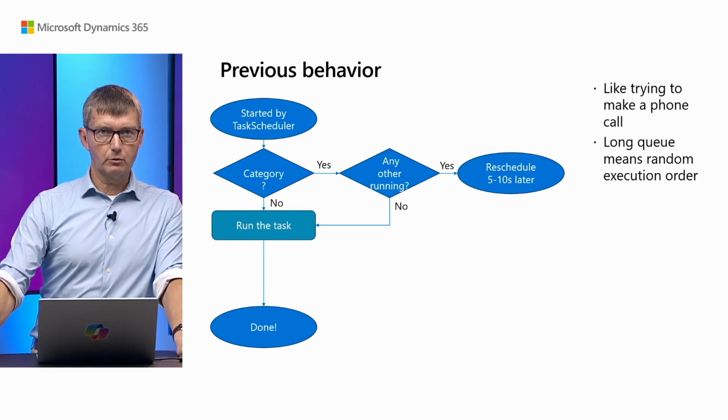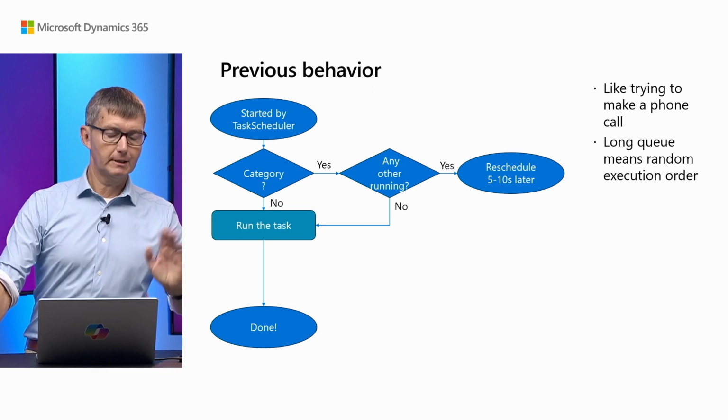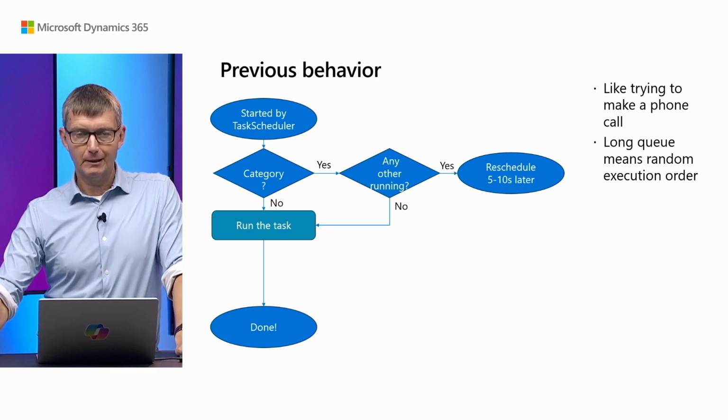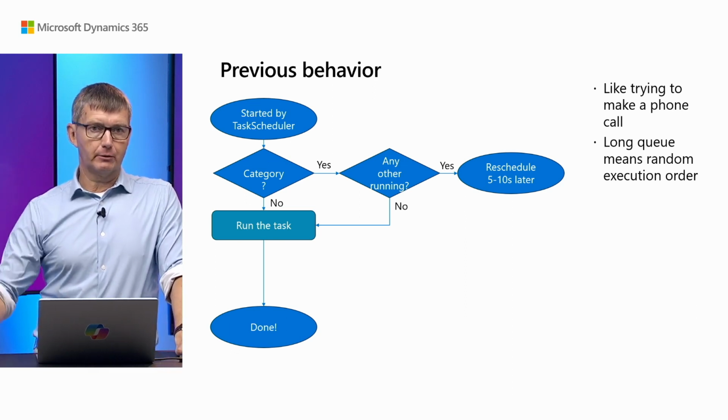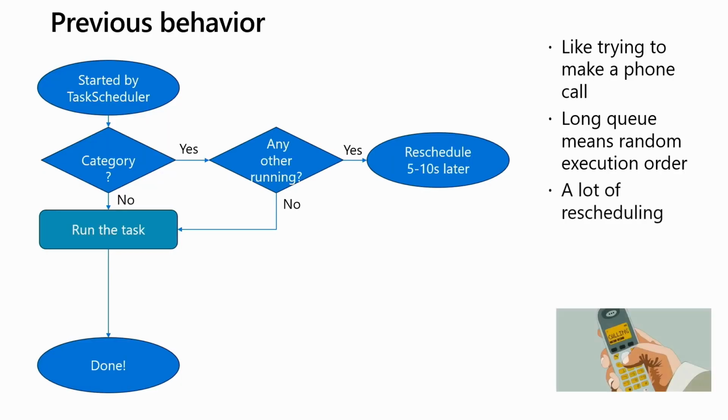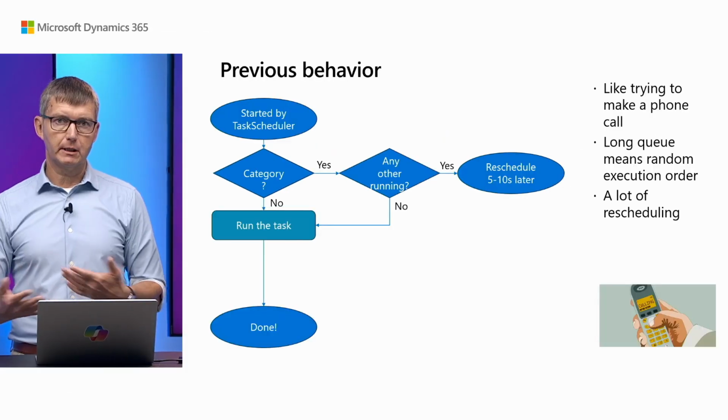Even if you were the first to call, or sorry, the second to call, obviously, you may also be the last to get through. And again, if there's a long queue, we'll have to reschedule a lot, similar to you needing to call a lot of times before you finally get through. And it's this specific thing that we have changed now.